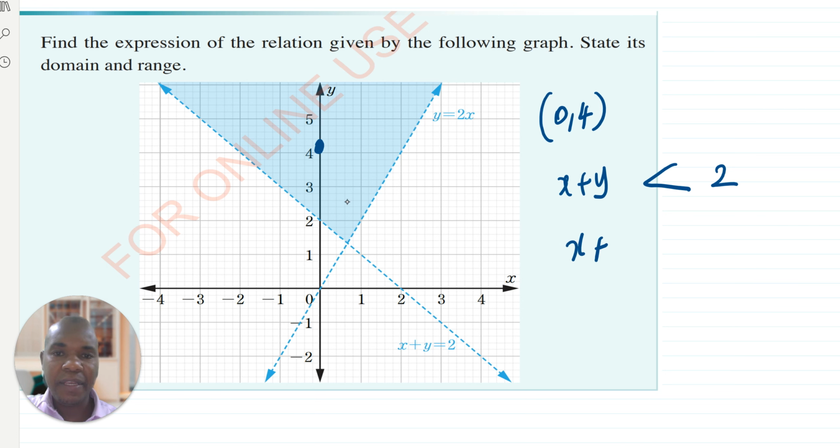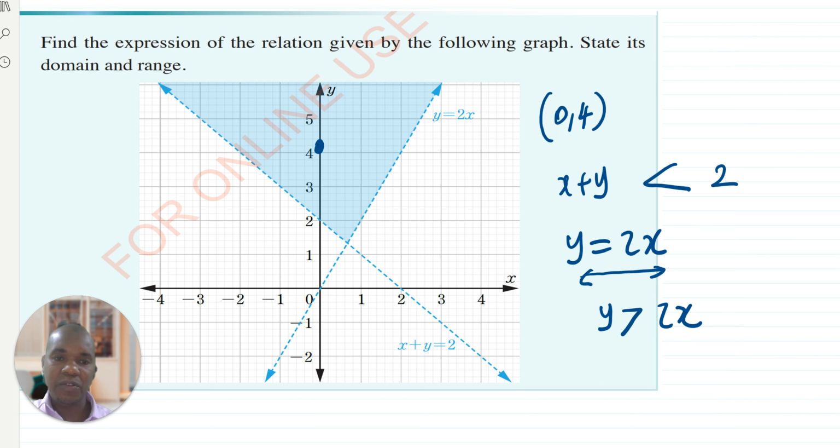With y equals 2x, having y equals 4 and x equals 0, you'll be getting here that y is greater than 2x, dear students.